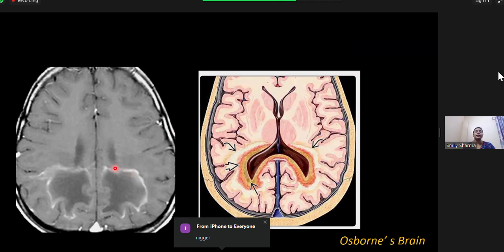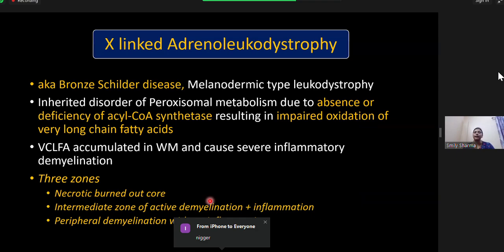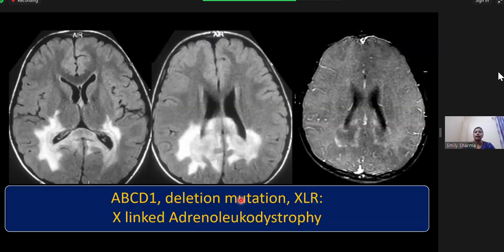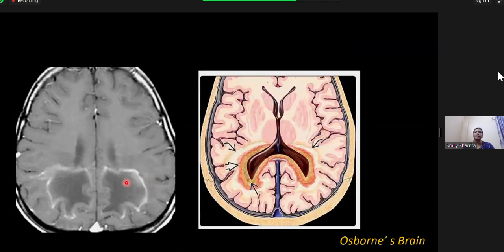First of all, the part which enhances is the intermediate zone, and it is the zone of active demyelination and inflammation. The zone inner to it is the necrotic zone, which does not enhance, and the zone outer to it is peripheral demyelination, but without inflammation. So what enhances is the presence of demyelination plus inflammation, and this is the intermediate zone which enhances.